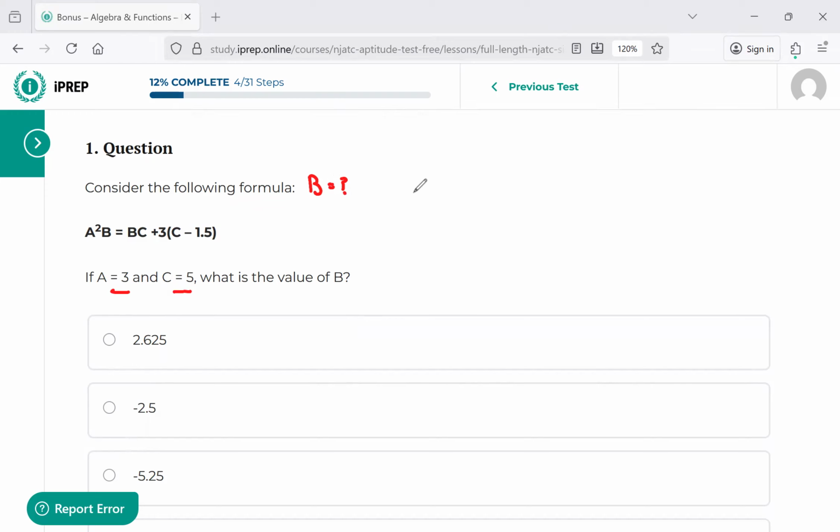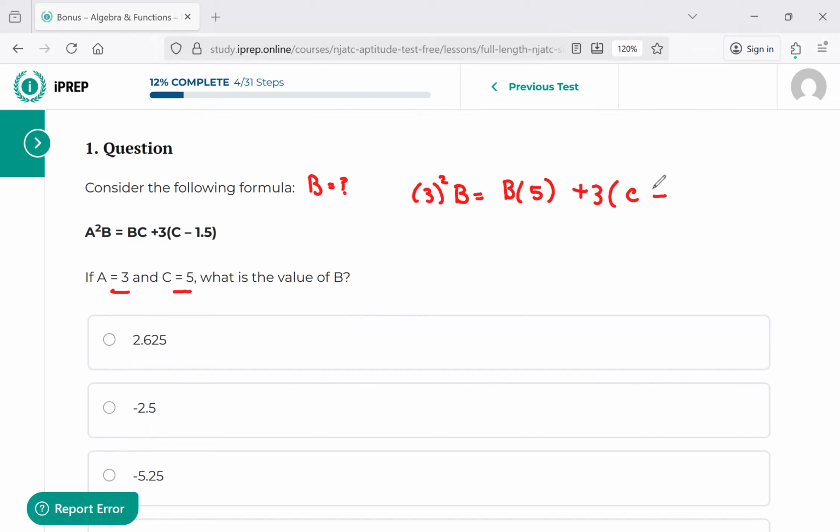So A is 3, so this would be 3 squared B, and then it's B times C. I don't know what B is, C is 5, plus 3, and then it's C minus 1.5.